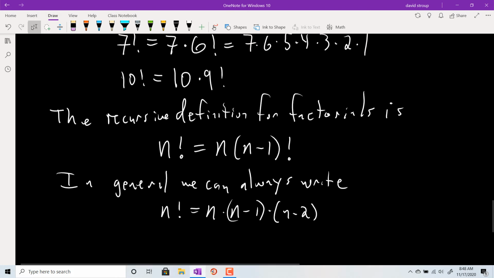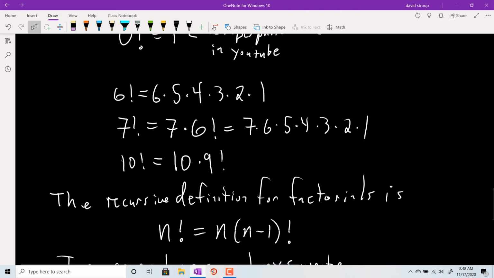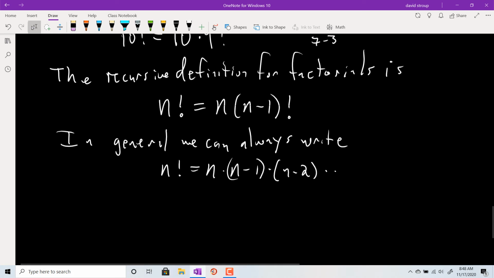That's what you're doing above, right? So 7 factorial is 7 times 7 minus 1 times 7 minus 2, because 7 minus 1 is 6, 7 minus 2 is 5, 7 minus 3 is 4, and then all the way down to 3 times 2 times 1, right? So you could do that if you want to.